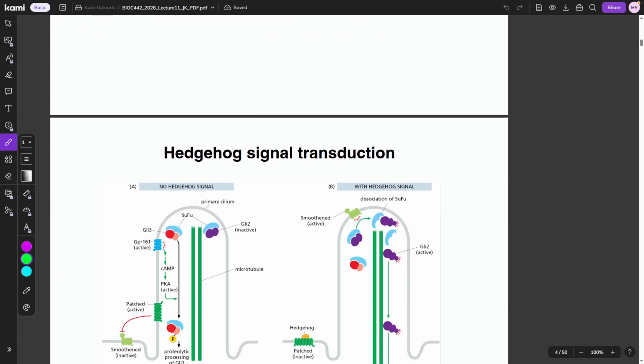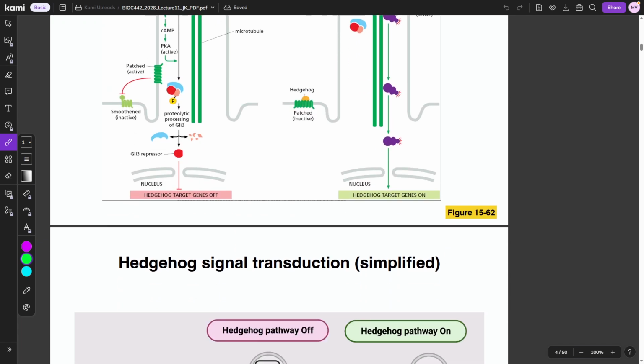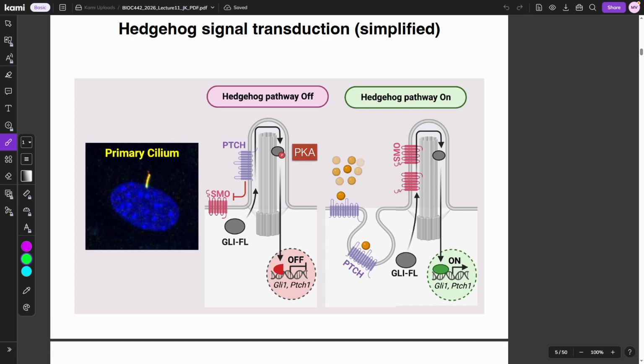She did a quick clarification on hedgehog signaling. I like this image a lot more. This image is significantly easier to understand. All you need to know about this is when the pathway is off, patched inhibits smoothened, and this Gli factor just freely goes through, gets processed into a repressor, and it turns off these genes.